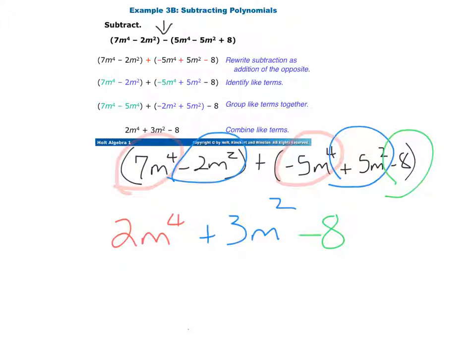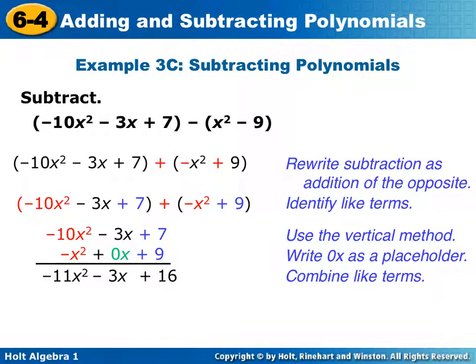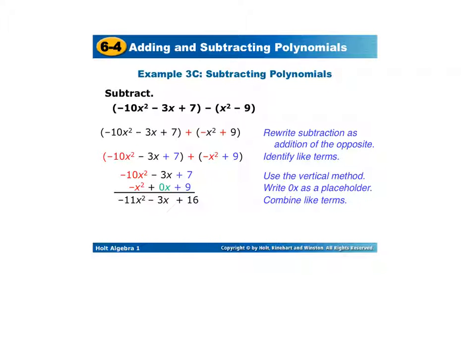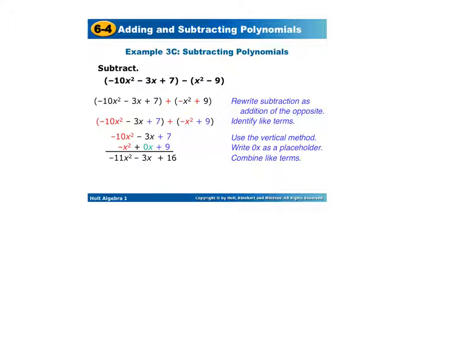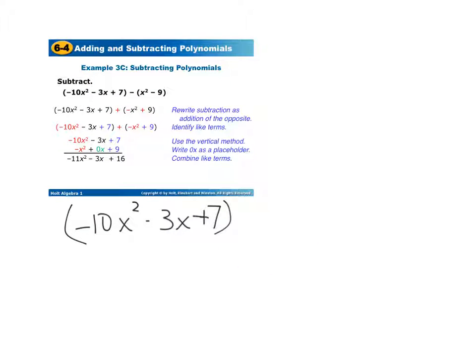Let's look at another example. Again, I'm going to keep the first one the same. So -10x squared minus 3x plus 7. That keeps. Okay? Then the next thing I'm going to do is change the subtraction sign to addition, and then change the second polynomial, flip all of the signs.